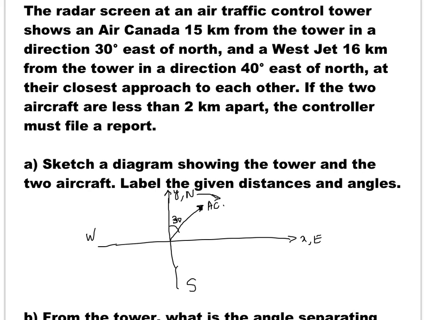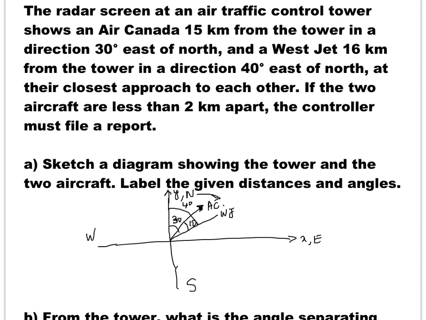Now the WestJet is 16 kilometers and in the direction of 40 degrees. So if this is WestJet, call it WJ, it is 40 degrees east, which is this angle. This is 40 degrees. So the angle between them is going to be obviously 10 degrees.